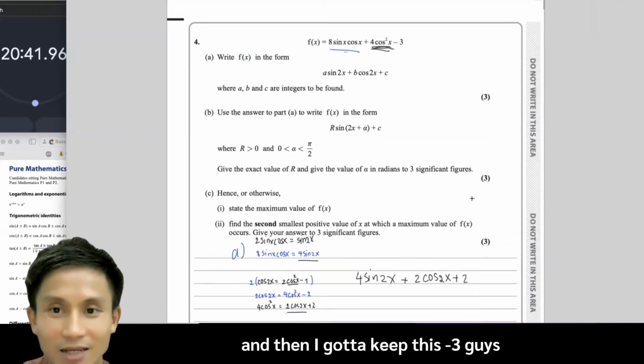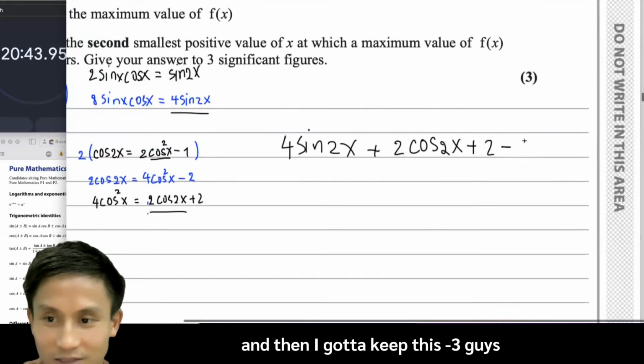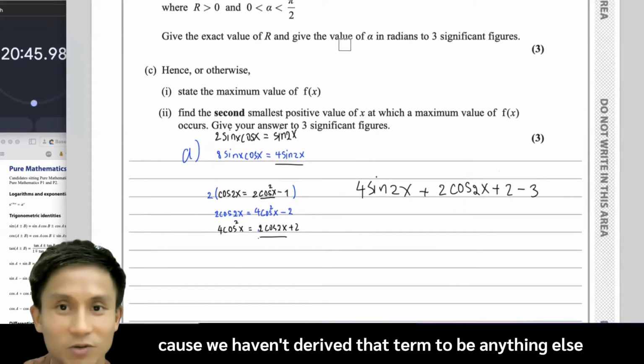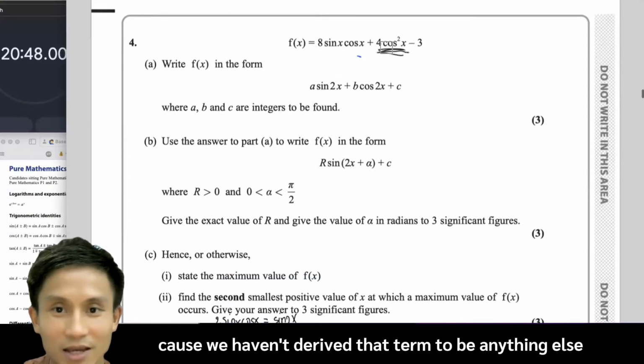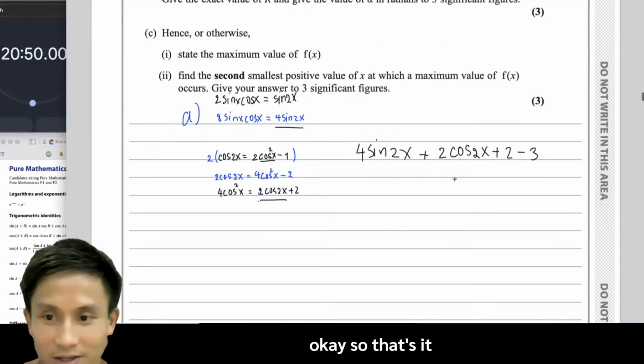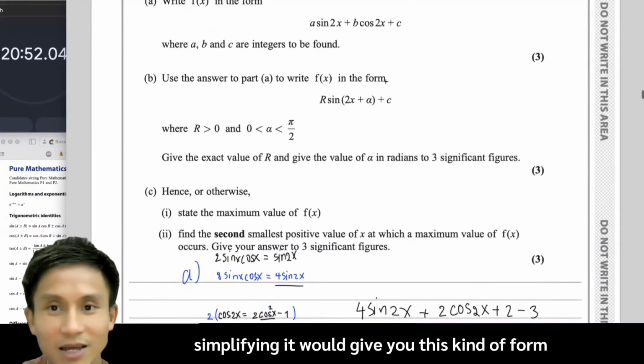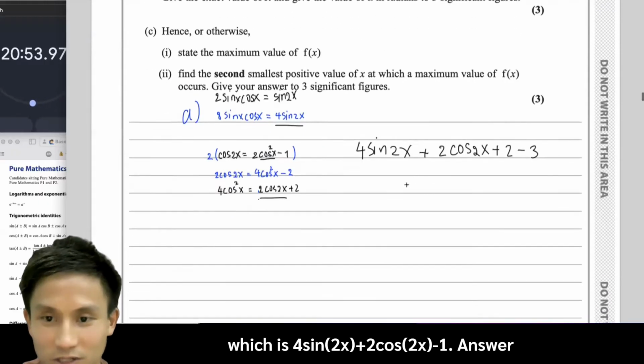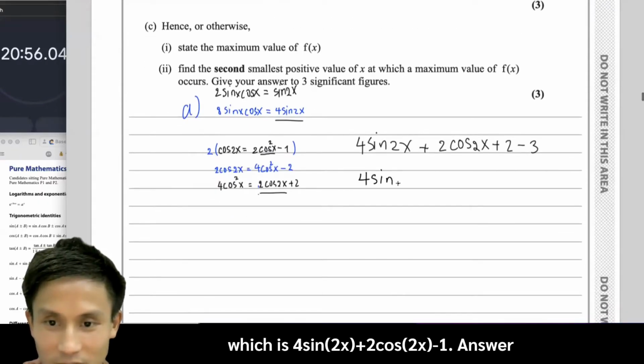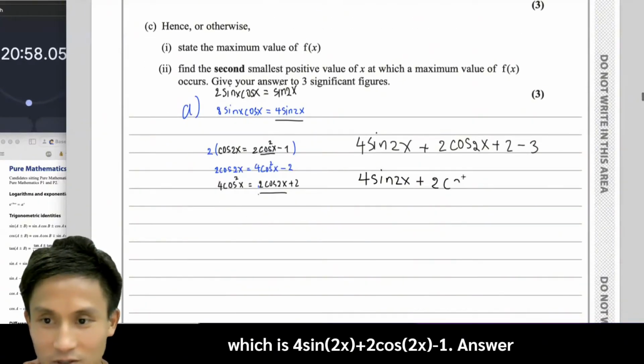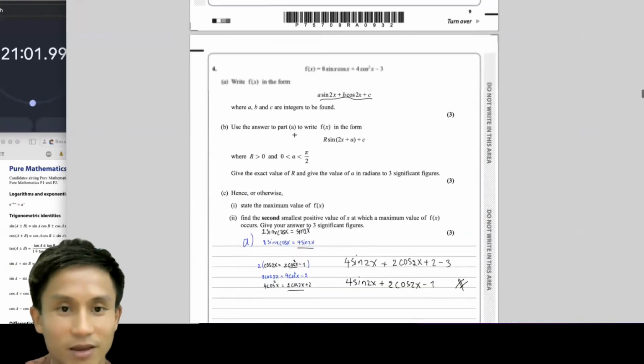And I have to keep this minus 3, guys, because we haven't derived that term to be anything else. Simplifying it would give you this form, which is 4 sine 2x plus 2 cos 2x minus 1. Answer.